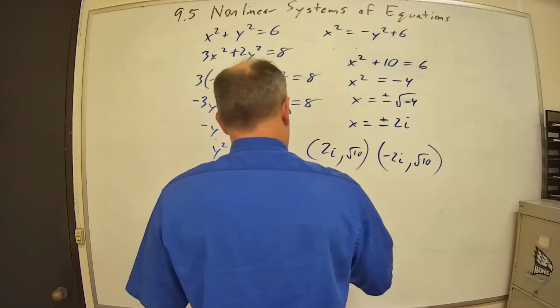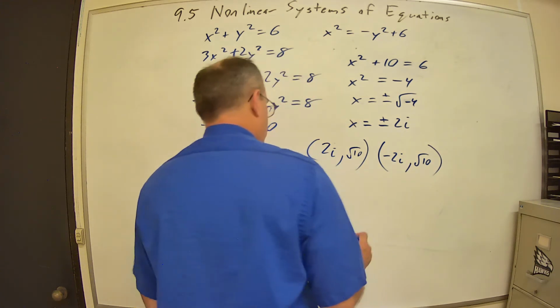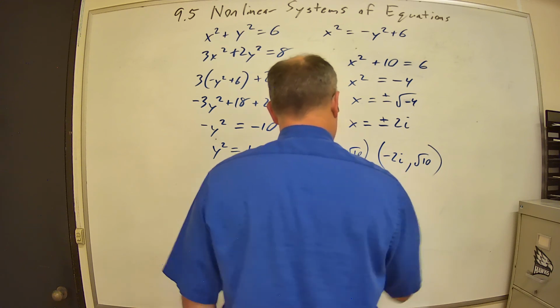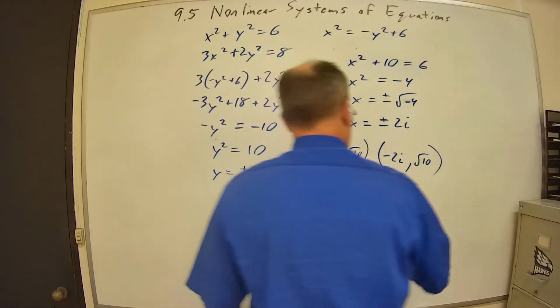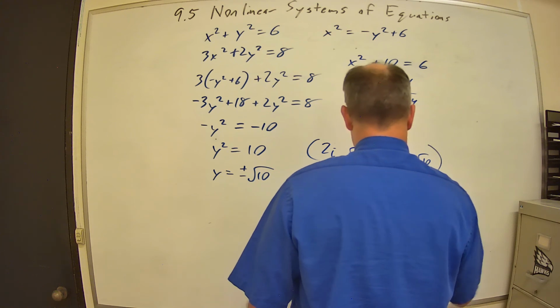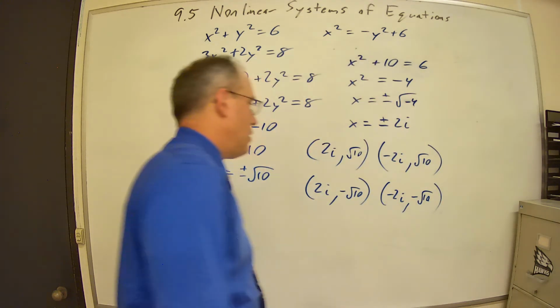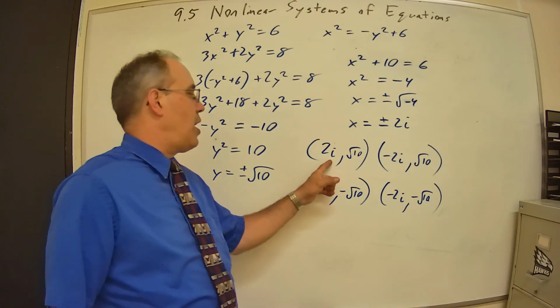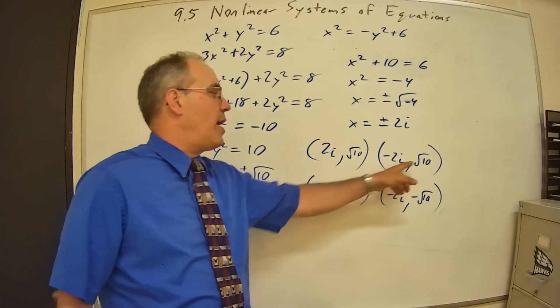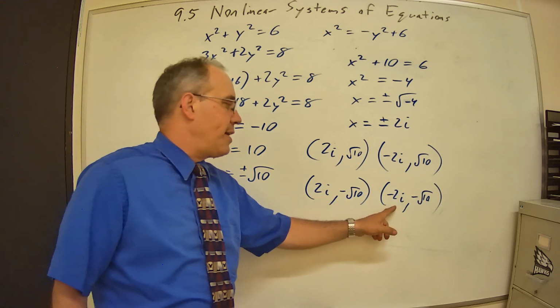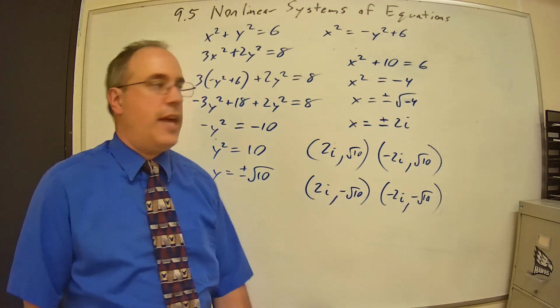And I can say x is 2i, and y is negative square root of 10. And x is negative 2i, and y is the negative square root of 10. So 4 possibilities: 2i, square root of 10; negative 2i, square root of 10; 2i, negative square root of 10; negative 2i, negative square root of 10.